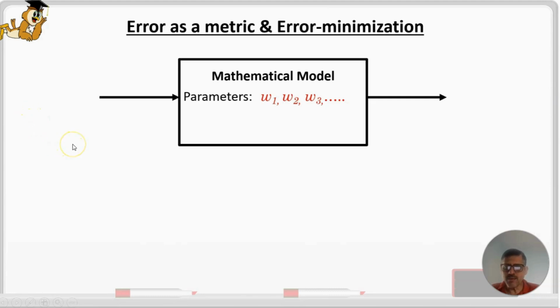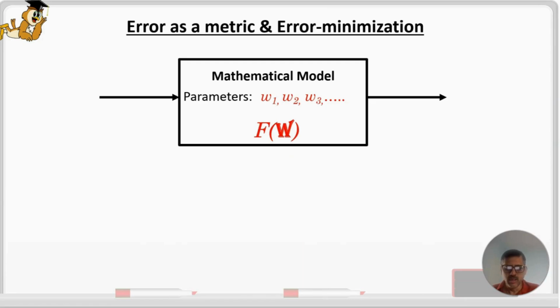So the behavior of this model is a function of these parameters, right? The model behavior changes with changing values of these parameters. I have drawn this capital W as a vector to indicate all the smaller W's considered together.